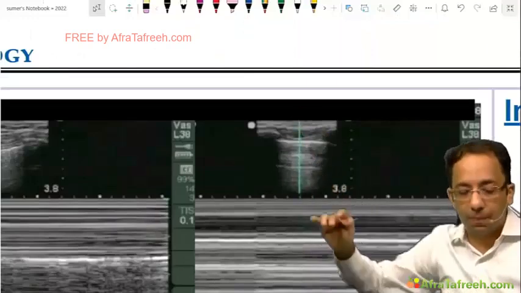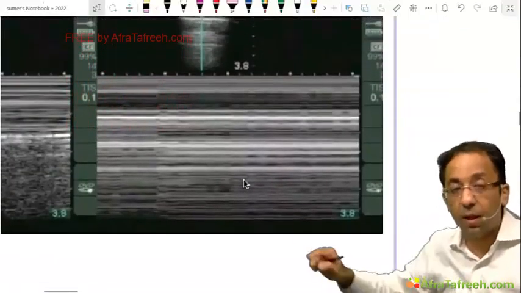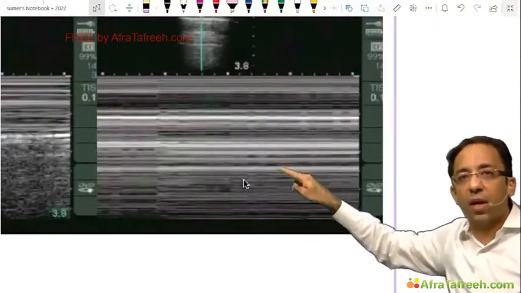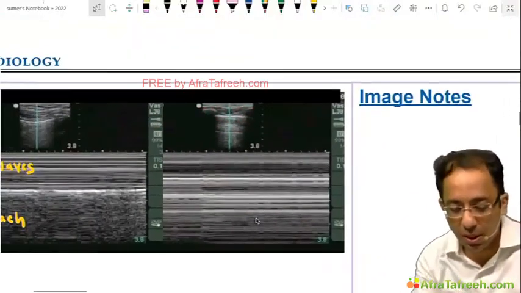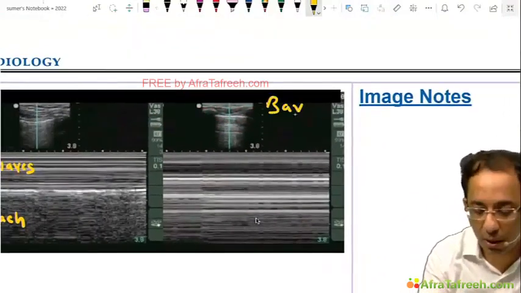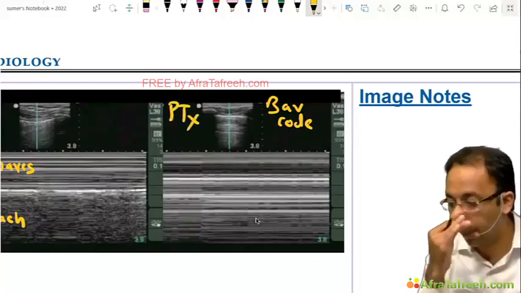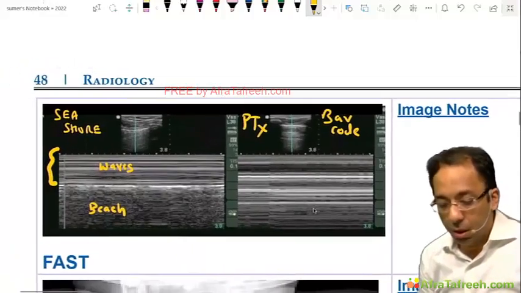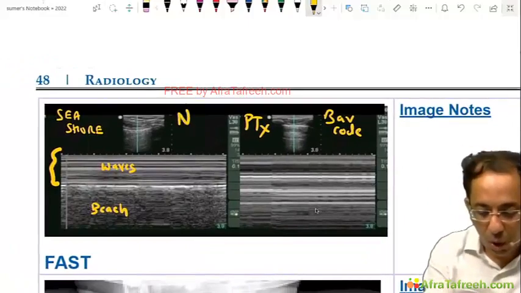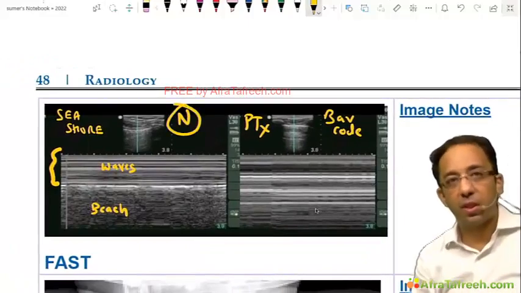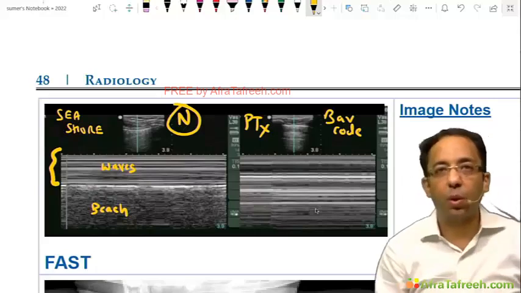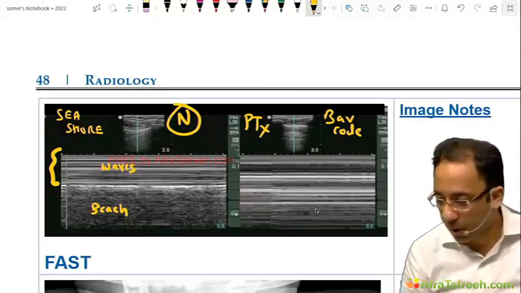Do you see flat lines, flat lines, flat lines? What is this? This is your barcode sign seen in pneumothorax. So the normal appearance on lung ultrasound is the seashore sign. In pneumothorax you see a barcode appearance.